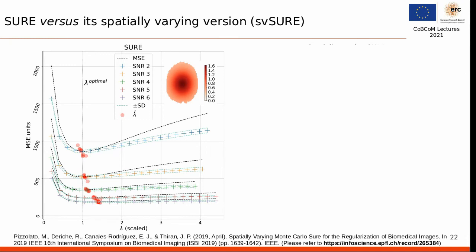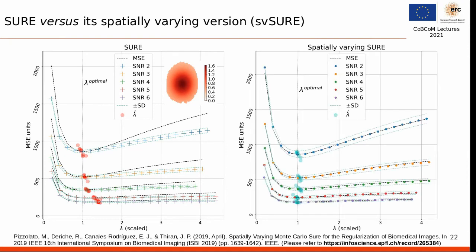However, we see here that the red dots corresponding to our attempts at estimating the minimum of the colored curves do not correspond to the optimal lambda of the unknown black curves. And this was really the reason why we needed to move to a spatially varying version of SURE, where now we see that the attempts are much closer to the optimal value of lambda.